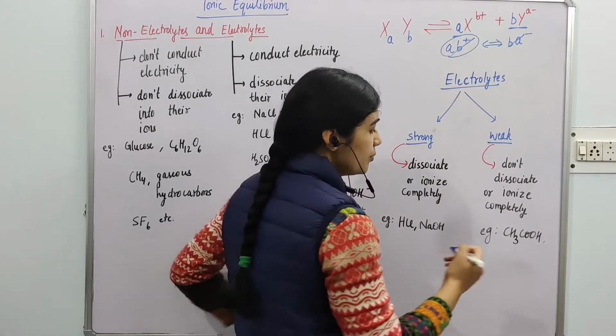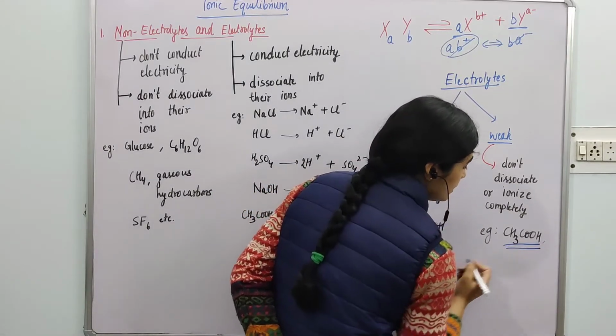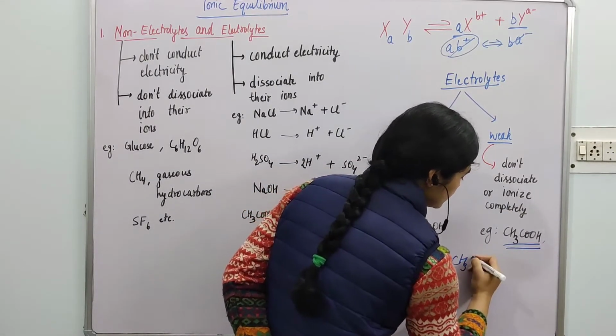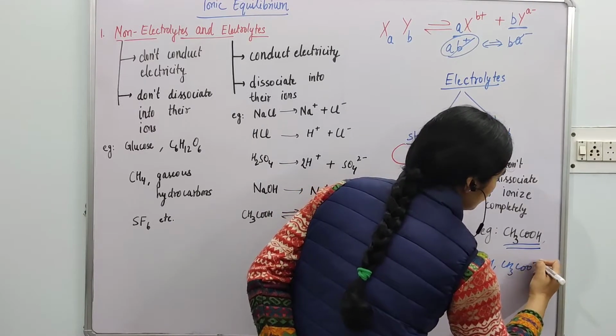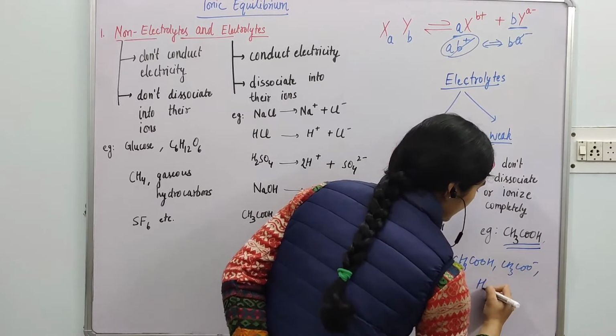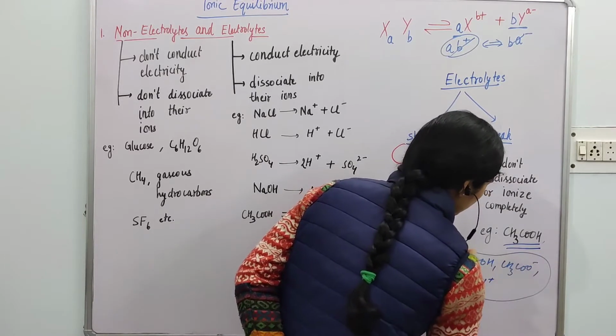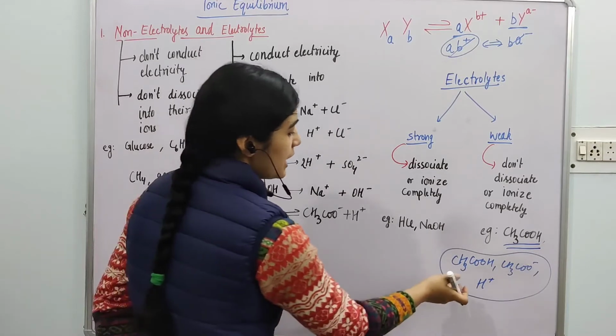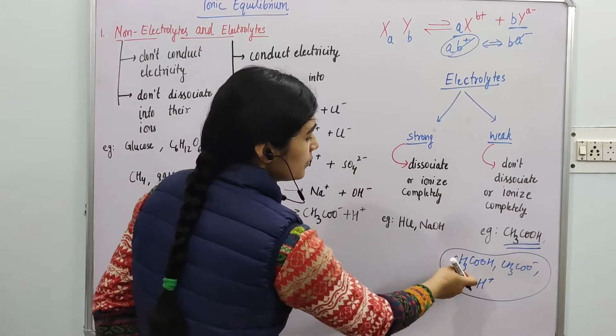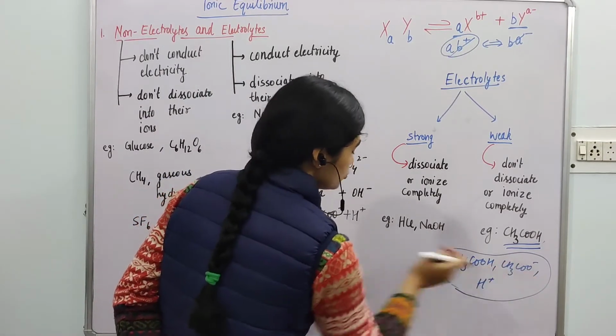For example, if you make an aqueous solution of acetic acid, you will have three species in the water: your acetic acid, your CH3COO-, and your H+. These three species will be present in the solution, and there will be an equilibrium between acetic acid and these two species.